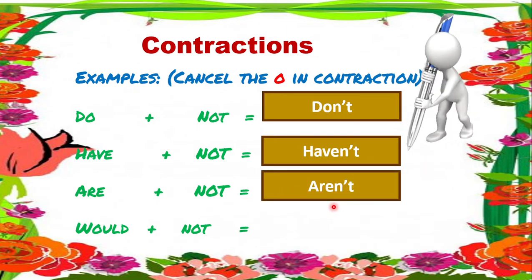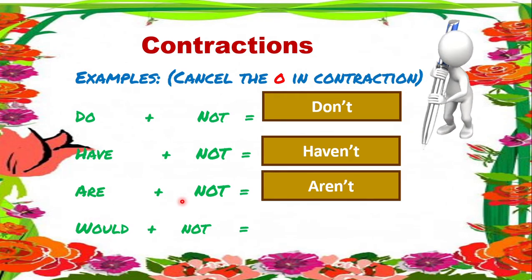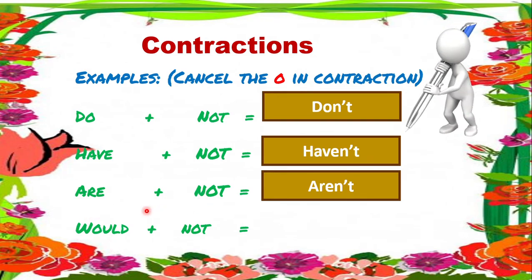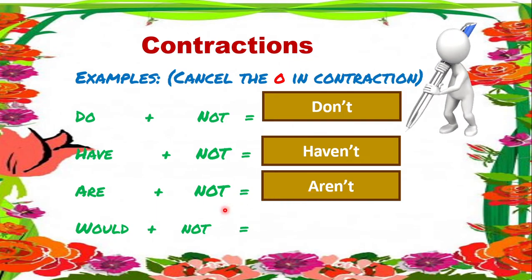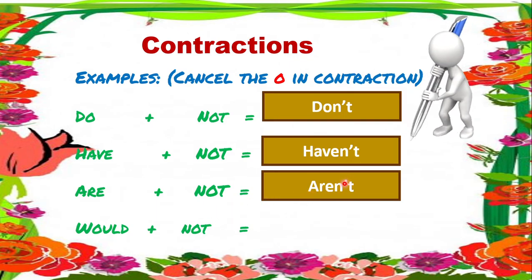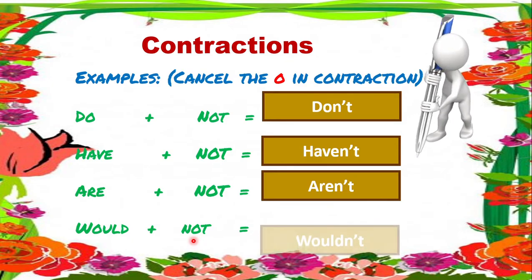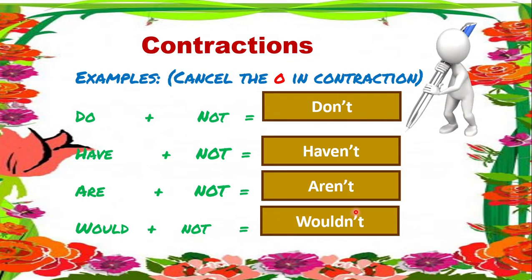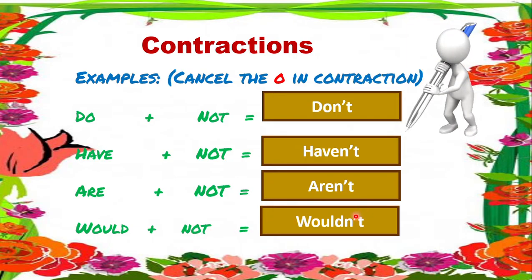Aren't, one word. This is the contraction form of are plus not. We have two words, we made them one word, instead of the O, we put an apostrophe. Would and not makes the word wouldn't. Again, we remove the O and put an apostrophe.